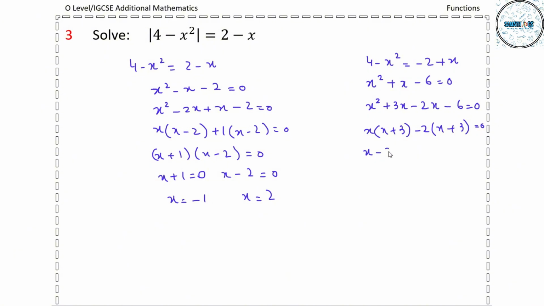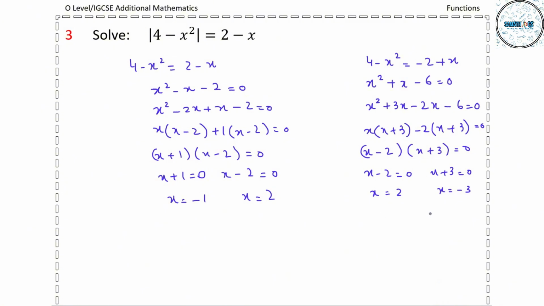So we have x minus 2, x plus 3 is equal to 0. x minus 2 is equal to 0, x plus 3 is equal to 0. So we have x is equal to 2 and x is equal to minus 3. We have got three values of x: x is equal to minus 1, x is equal to 2, and x is equal to minus 3.